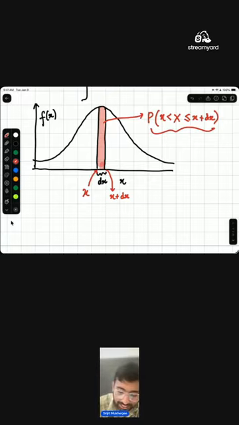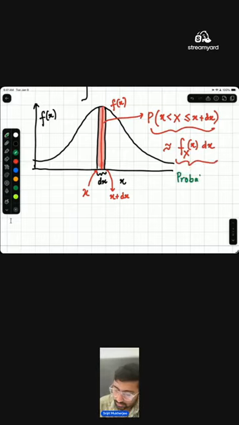Since dx is infinitesimally small, this area is approximated by the height, f(x), times the length, dx. So this is approximated by the density function times dx. This is what the probability is.